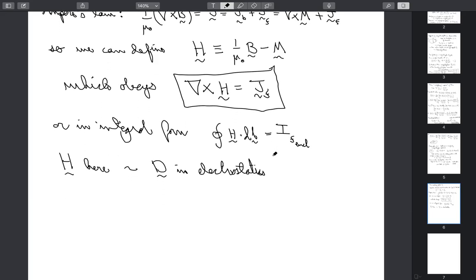Maybe I can do a tiny, very quick example. So in the book, there's example 6.2.